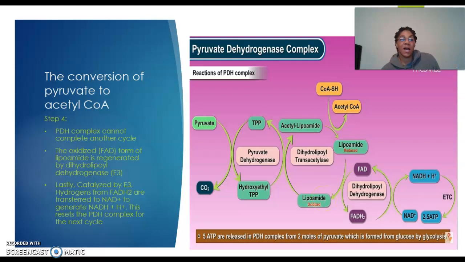The oxidized form of lipoamide, which is oxidized by FAD, is regenerated by E3, the dihydrolipoyl dehydrogenase. Lastly, it is catalyzed by E3: the hydrogens are transferred over to FAD to generate FADH2.